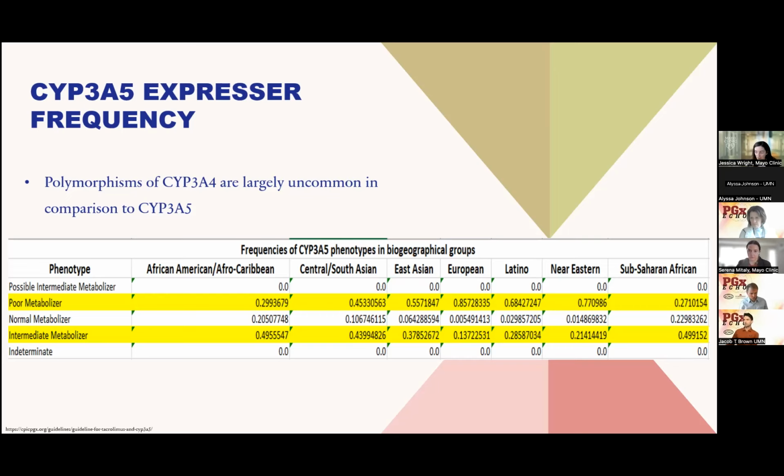And then, if you shift over to the European population, you have about 85% or so that are poor metabolizers, whereas perhaps only 14% or so express CYP3A5. So this is quite different in the different biogeographical groups, and I think it's important to note the variety. However, for CYP3A4, the polymorphisms are largely uncommon, and it's pretty rare.